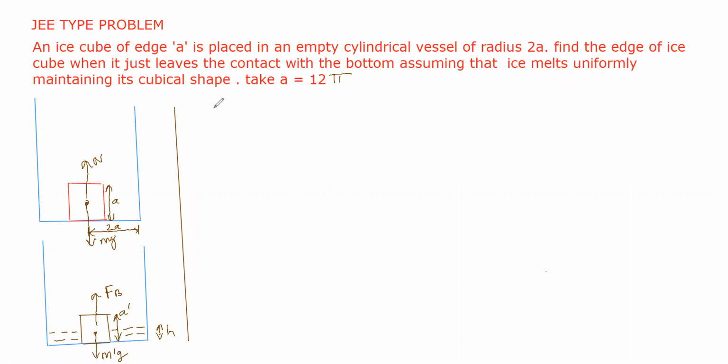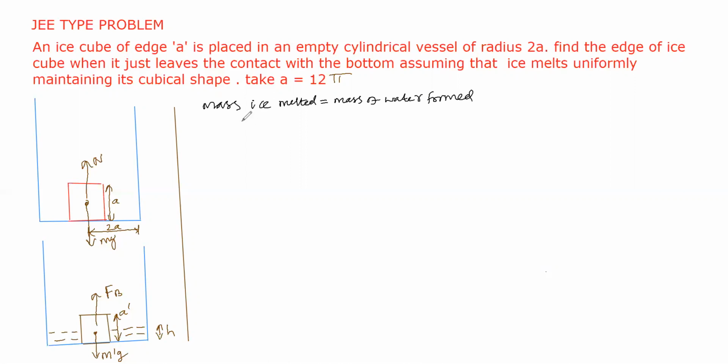And the mass of ice melted is the volume of the ice melted into the density.